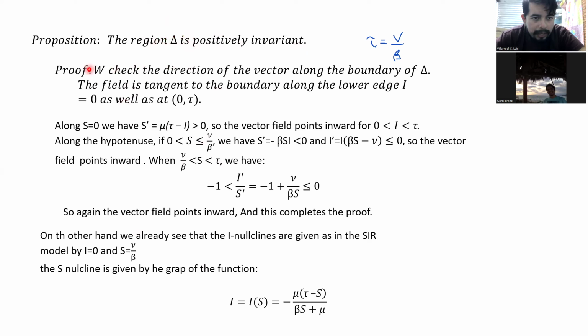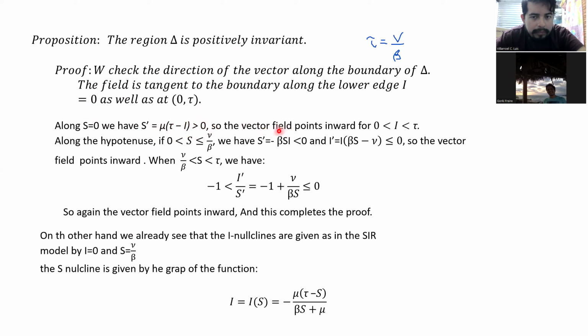To see that, we have to check the direction of the vector field along the boundary of the region: along the lower edge I equals 0, as well as at (0, tau). Along S equals 0, we have that S prime is equal to mu times (tau minus I), and this is greater than 0.